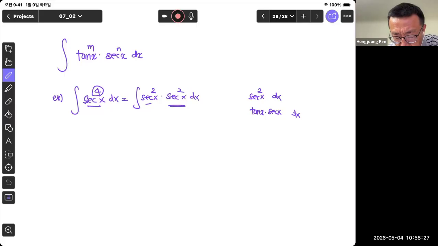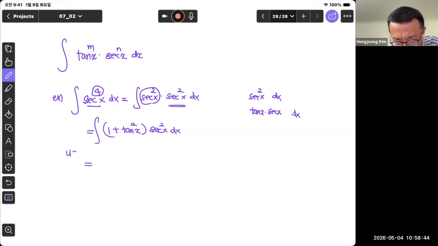Then the remaining secant x squared is replaced by 1 plus tangent x squared. And then you introduce u to express this tangent. In other words, the integrand is now 1 plus u squared. When I introduce u to express tangent x, then secant x squared dx will be just du.